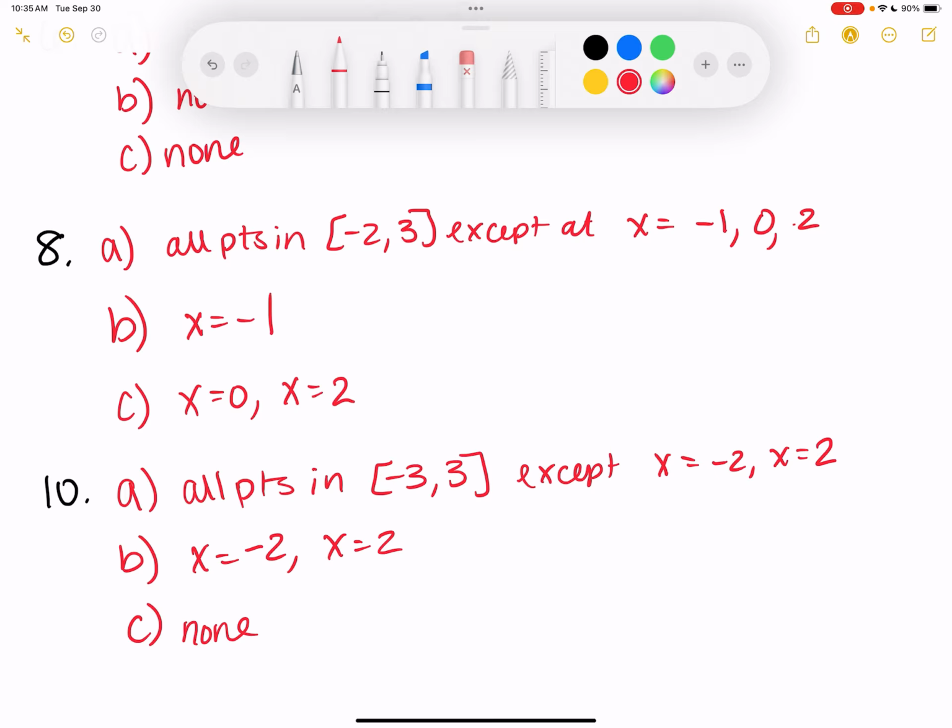Okay. Next problems here. There's a couple different ways you can kind of do this. If you kind of roughly know what the stuff in 11 through 16 would look like, you probably could do this just on your own.